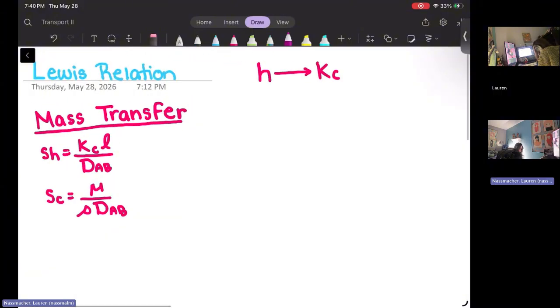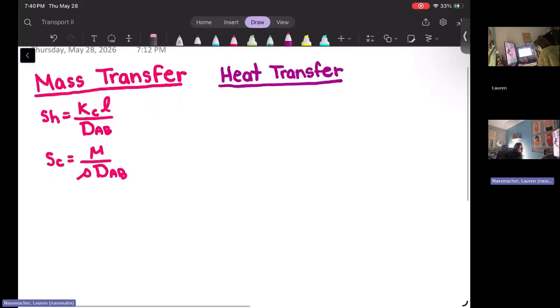And then for heat transfer, we have analogous equations that relate back to the Sherwood and the Schmidt equations. We have the Nusselt number, which is equivalent to our heat transfer coefficient multiplied by the length divided by our thermal conductivity.